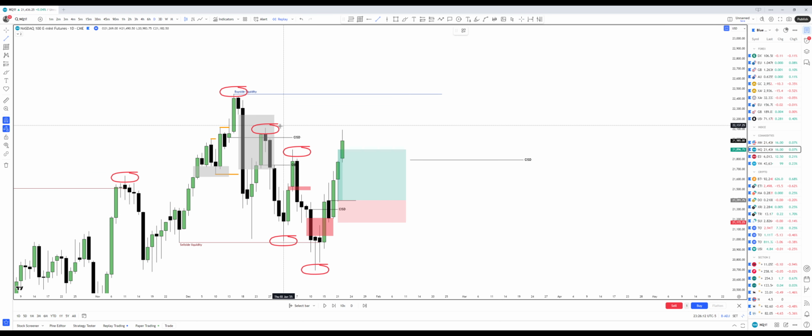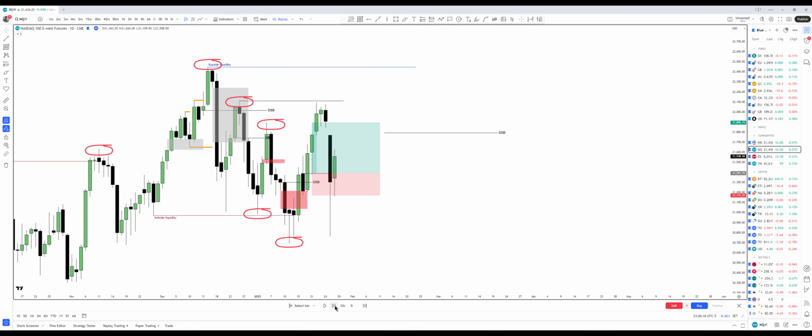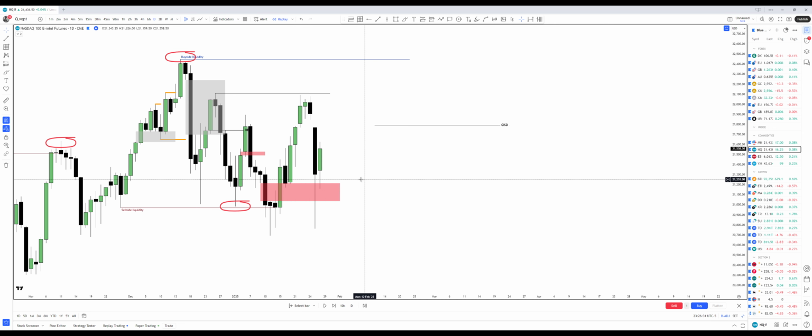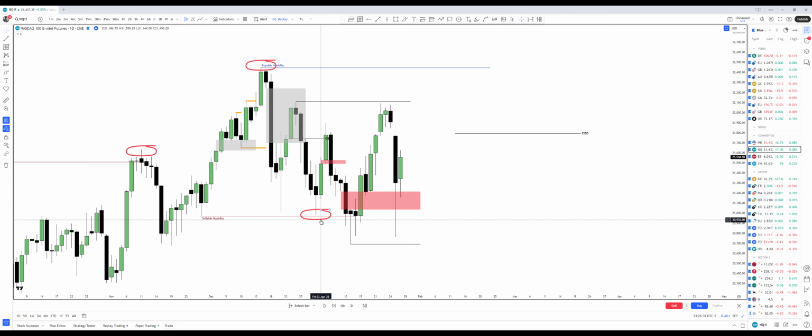Now this, okay, you see, since this was engineered liquidity right here, price did manipulate to the downside very quickly. You can see this still being respected. This never got taken out because this doesn't need to be taken out if we are bullish.